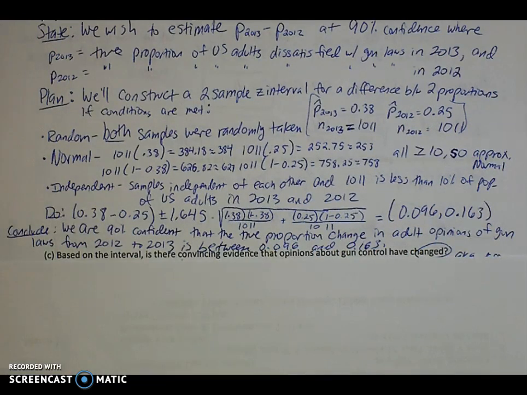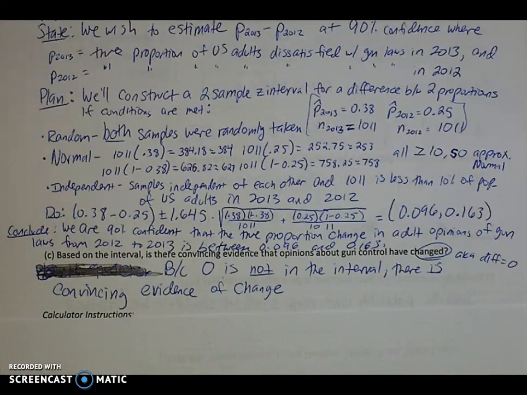All right, so the last question. Based on the interval, is there convincing evidence that opinions have changed? Now, if they haven't changed, what would that interval look like, right? 0 is not in our interval, okay?